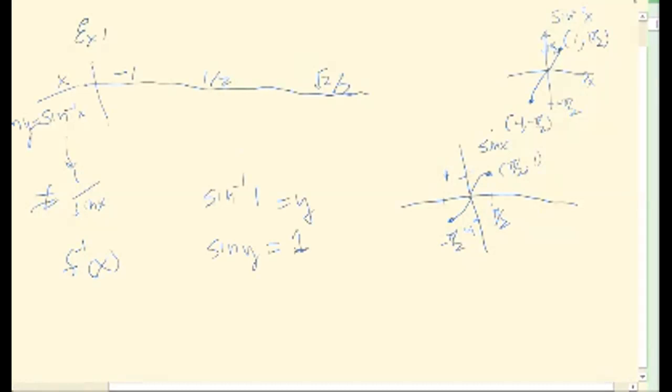You have to ask yourself what value of y, in other words what angle, what value of t if you're on the unit circle, produces a value of 1 when you push it into the sine function? Well, that value is pi/2.